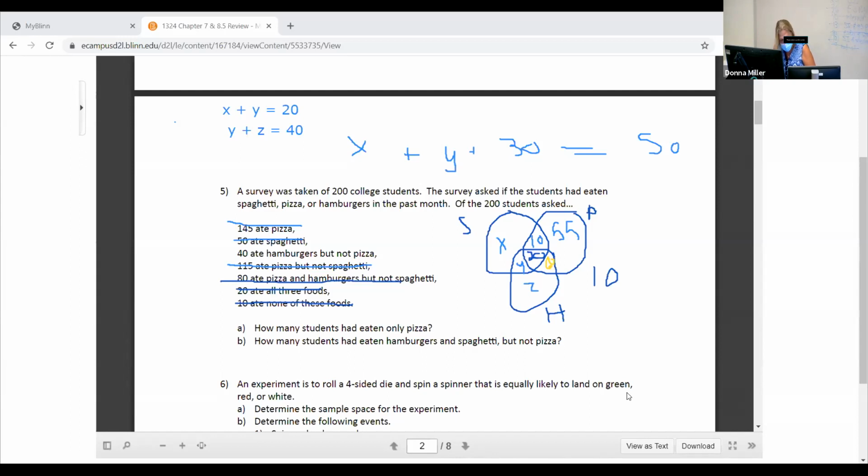So there it is. If I move the 155 over, I get X plus Y plus Z equals 45.